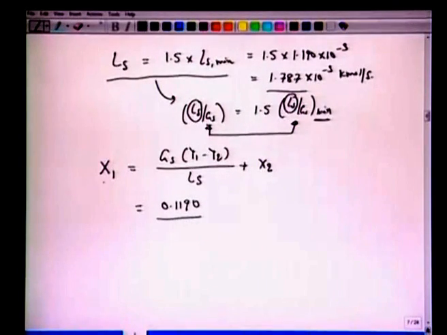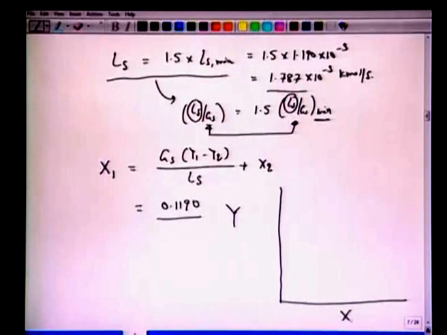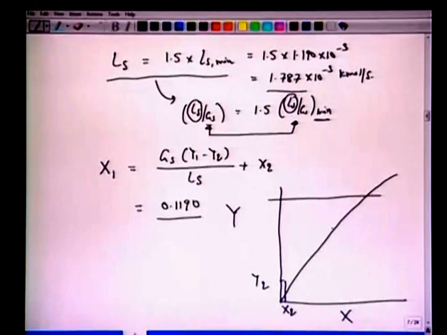Okay. So again let's redraw the curve right here. We have y versus x. We realize the curve is slightly convex down like this. We have marked our points, which is y2, x2, which is known to us. We knew y1.